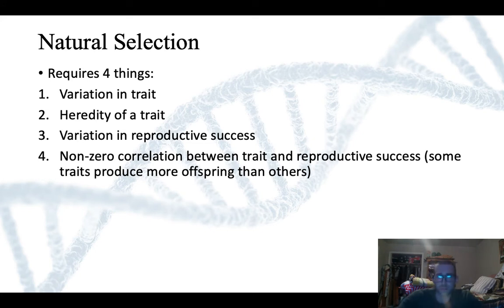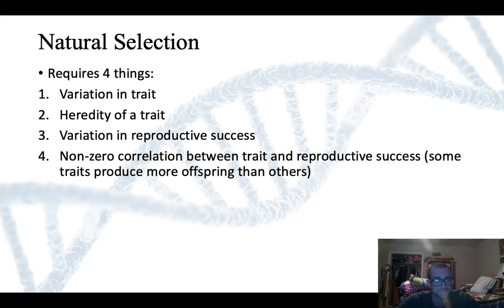It's super important. So, for natural selection to occur, it requires 4 things. First is you need variation in a trait. So, for example, we're going to stick with pea flower color. We have variation if there are different types of that trait. So, we have purple flowers and we have white flowers.